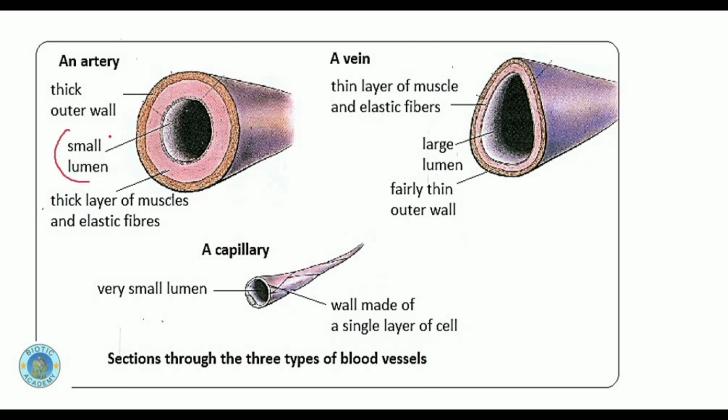This small lumen is very important in transporting the blood with high pressure throughout the body, and this thickness helps the artery to withstand the pressure of the flowing blood. If the thickness is less, then the artery may burst with the pressure of the blood flowing through it. So this has to be very thick.